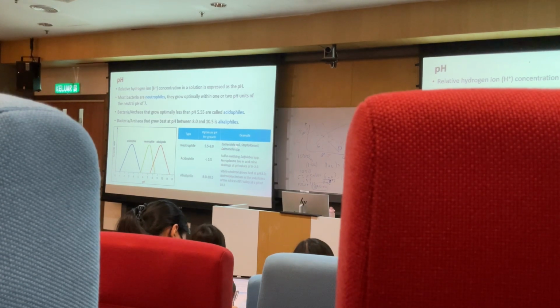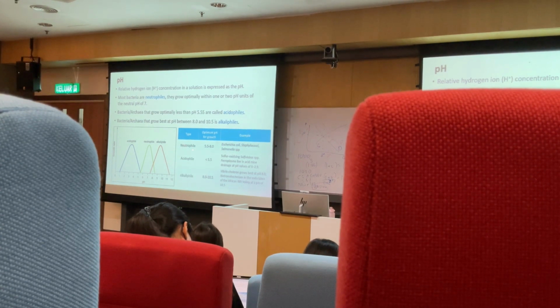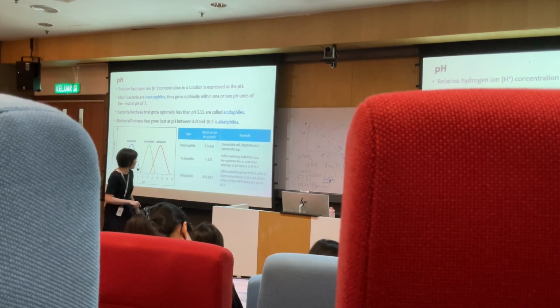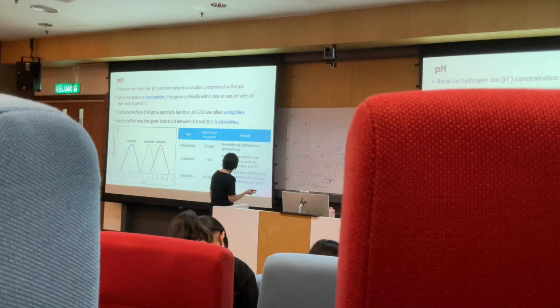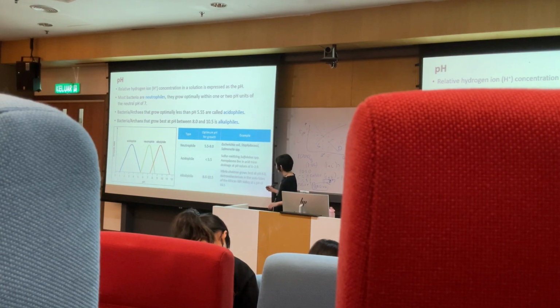Very common bacteria, E. coli, Staphylococcus, and Salmonella, are neutrophils. Sulfur oxidizing organisms such as Ferroplasma, which are archaebacteria, live in acidic conditions. Alkaline conditions contain Vibrio and some others in alkaline lakes with high pH.